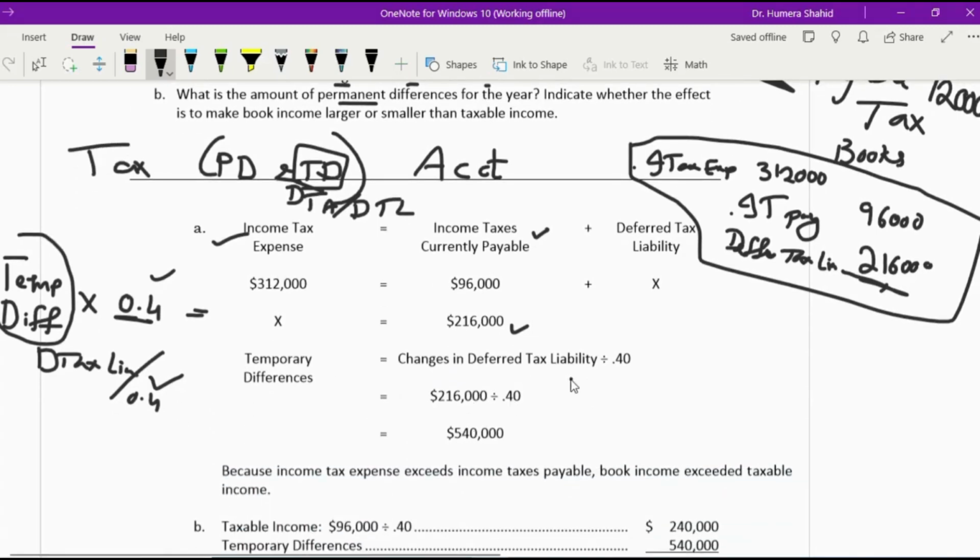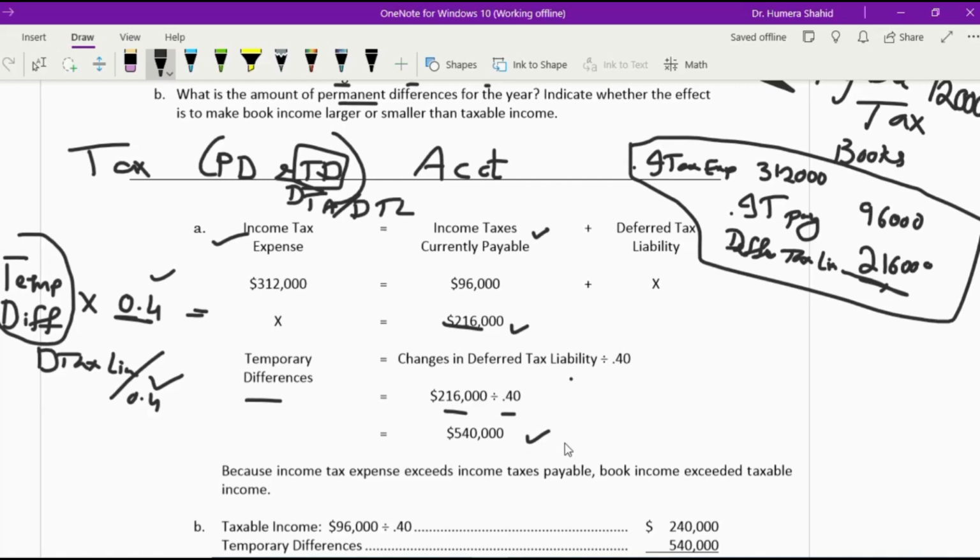Deferred tax liability divided by your rate of tax will give you the temporary difference. Okay, so when I solve this expression, deferred tax liability is 216,000 divided by 0.4, so I get the temporary difference.